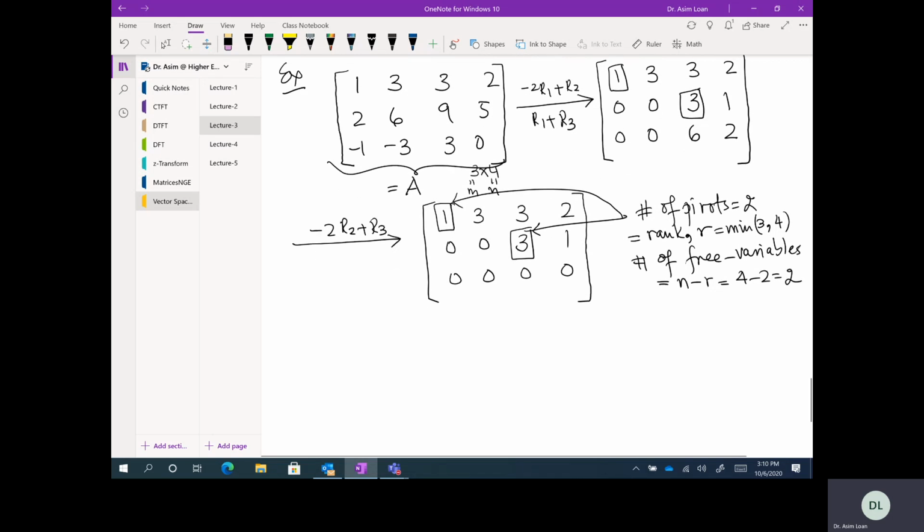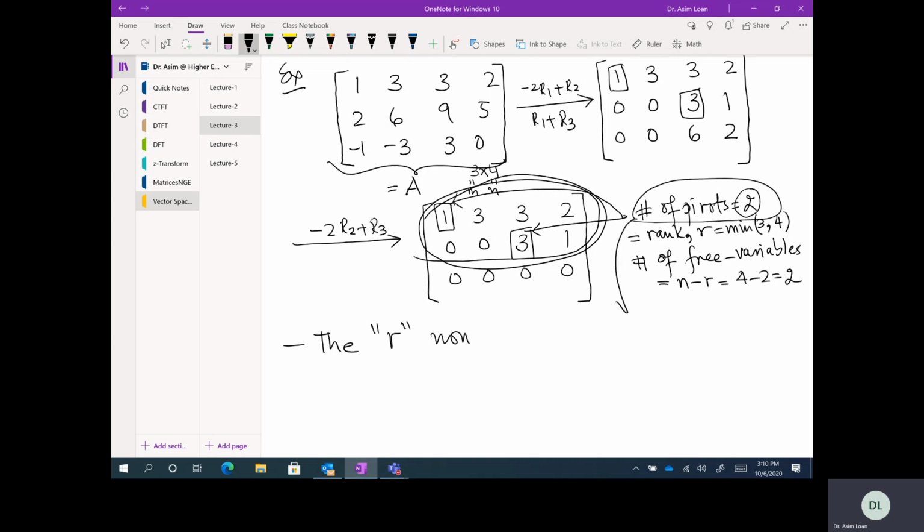Okay, so there are the R non-zero rows, the number of pivots is equal to 2, which means the number of independent columns, so I say this implies number of independent columns R equals number of independent rows.